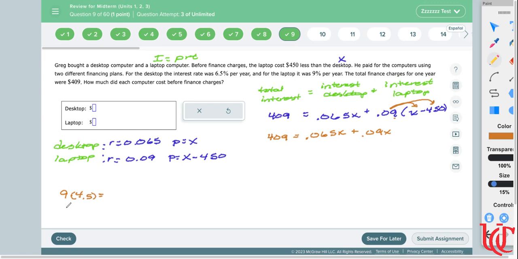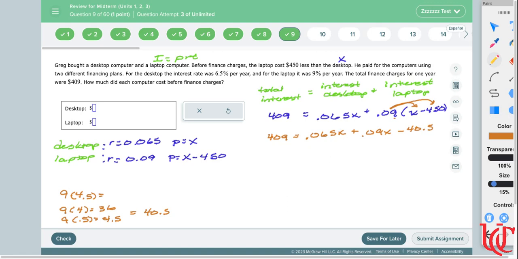That is the same thing as 9 times 4, which is 36, and 9 times 0.5, which is half of 9, which is 4.5. Add these together, and this is 40.5. So minus 40.5.